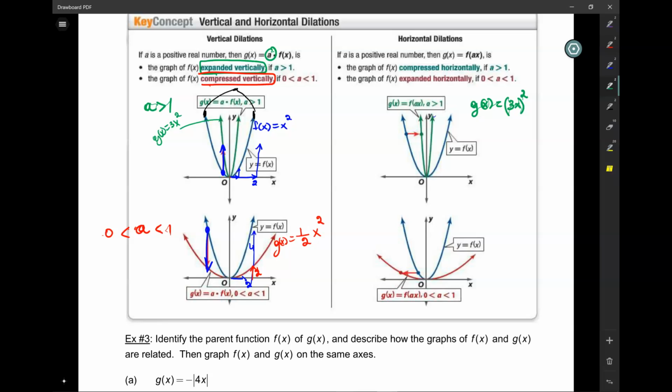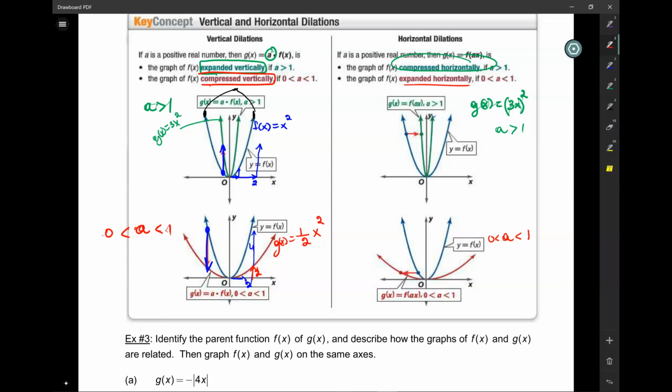So if you have the opposite, it's compressed horizontally. It's compressed horizontally if a is greater than 1, and then it's expanded horizontally if a is between 0 and 1.